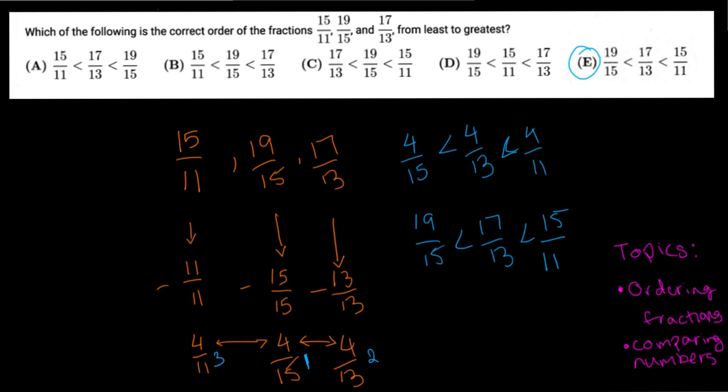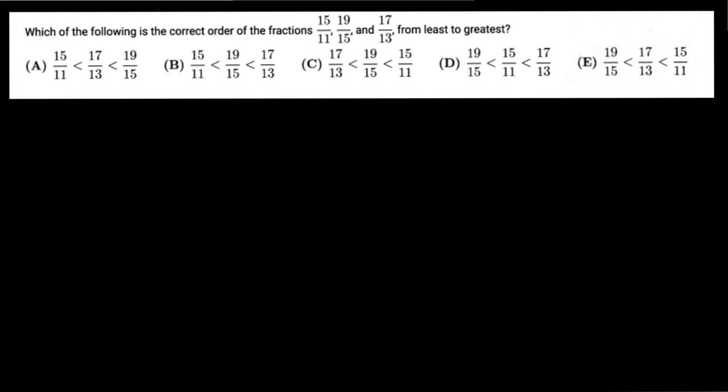Alright, so now let's go ahead and go over the traditional way. I'm going to go ahead and clear this. Alright, so the traditional way is one that you might have learned in school and in other places, is to find the common denominator.